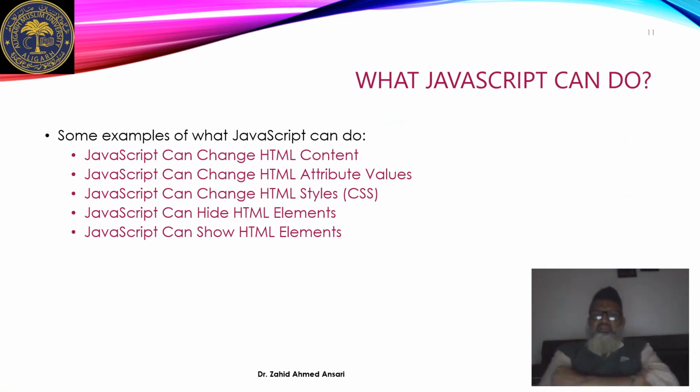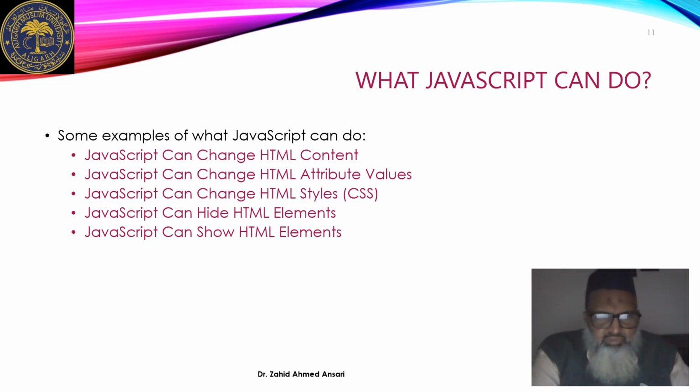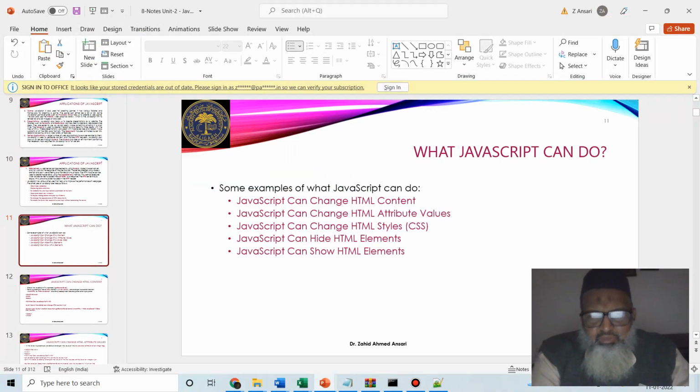Then we learned how to change the HTML style, the font size we changed through these scripts. Then we learned how to hide an HTML element, and then how to redisplay any hidden HTML element. I hope you learned all these things. If you have any question, then I am open to the question.